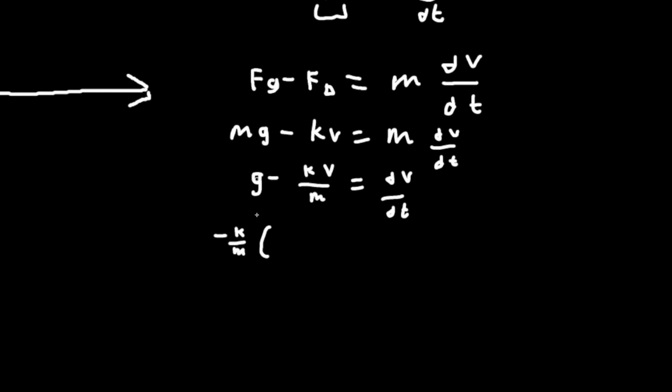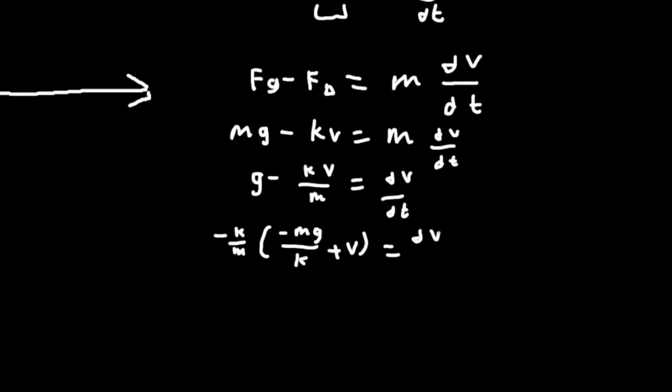In order to factor out from g, we have to take the reciprocal of this. So I'm going to write it like this. Notice that if we distribute that back in, it's going to cancel out all of this. So negative boom right there. So that's all good. So now we have our v right there.